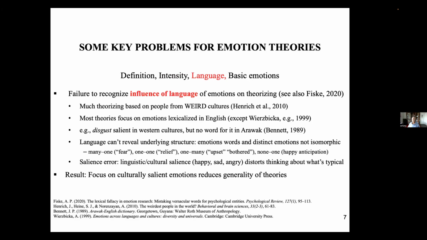One of the biggest problems, in my opinion, for research in emotion relates to the influence of the language of emotions on the way we theorize and talk about emotions. I recommend that anybody in any field who's going to do emotion research read this excellent paper by Alan Fiske, published in 2020, The Lexical Fallacy in Emotion Research: Mistaking Vernacular Words for Psychological Entities, published in Psychological Review.